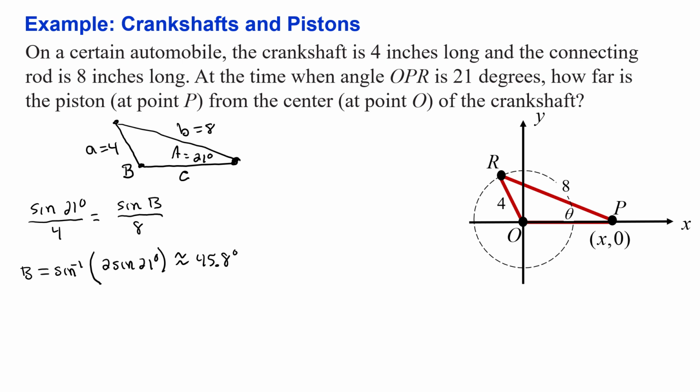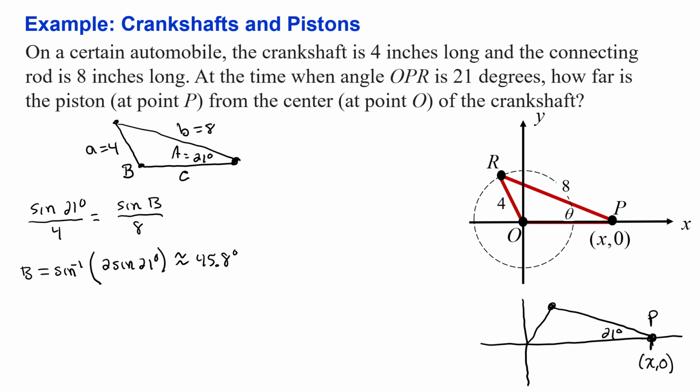Notice in this diagram that point R is in quadrant 2. In that case, we need the obtuse angle for angle B. It could also be the case that point R is in quadrant 1. Let's first solve this triangle for the acute angle B, where point R is in quadrant 1. Then we will come back and solve for the obtuse angle with point R in quadrant 2.